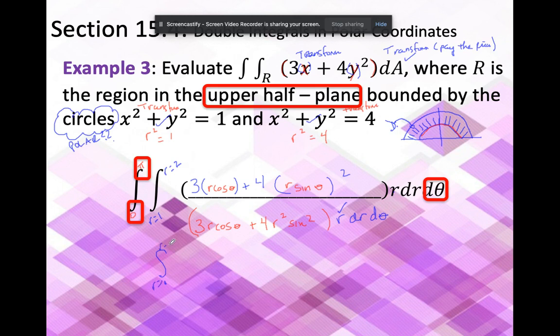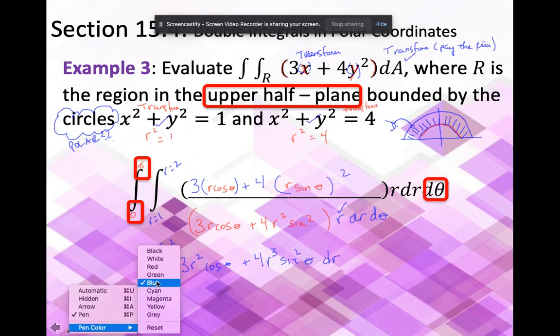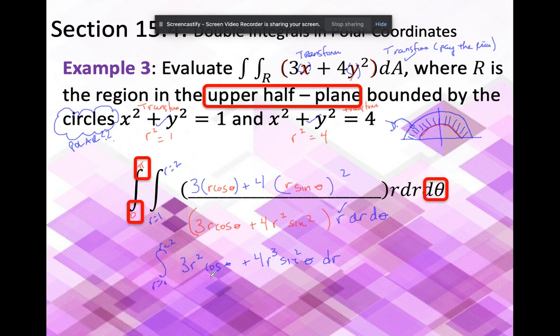So my integrand, where I am doing r equal to 1 to r equals 2, is actually 3r squared cosine theta plus 4r cubed sine squared theta. But when you integrate that with respect to r, who's a constant?